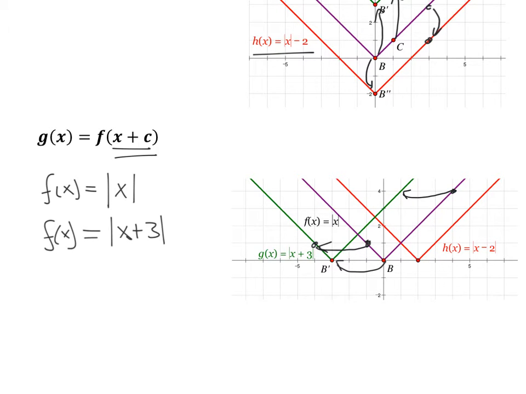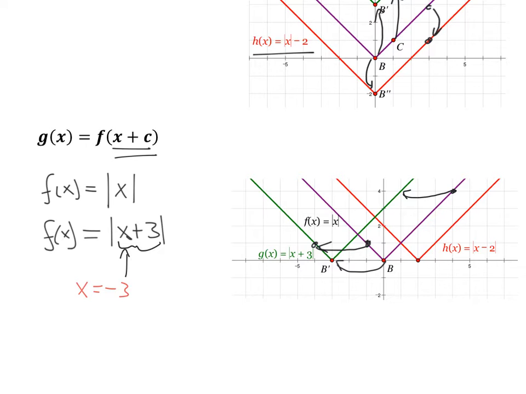Now it's kind of weird that adding moves left. It's opposite from what it seems like it should be. One way to understand it a little bit is to think about what you have to put into x to make the inside become 0. It's pretty easy to see that we want to put negative 3. So when x is negative 3, the inside acts like 0.